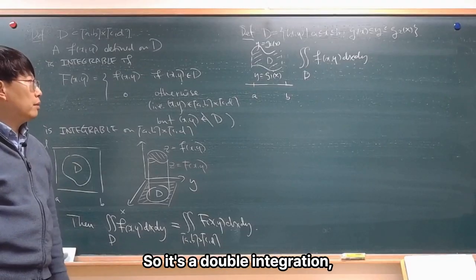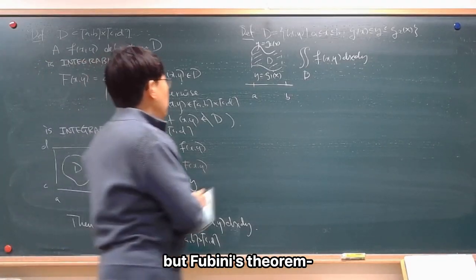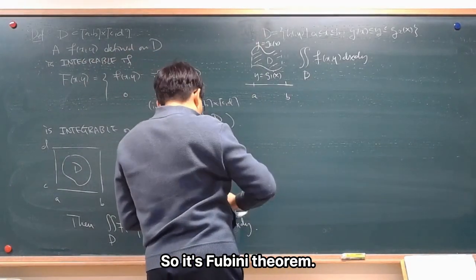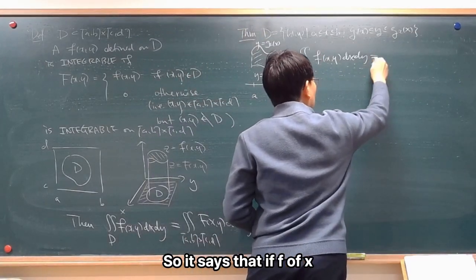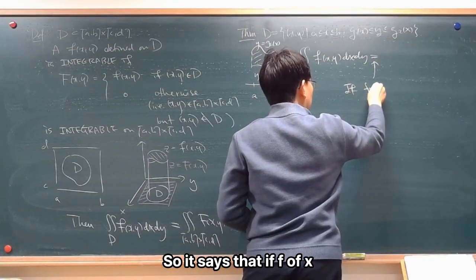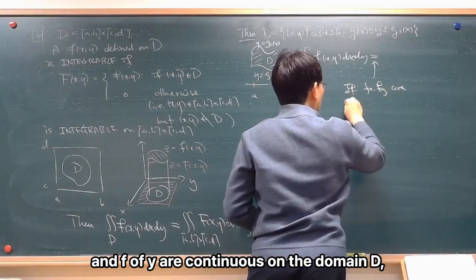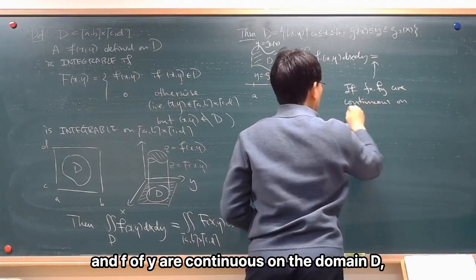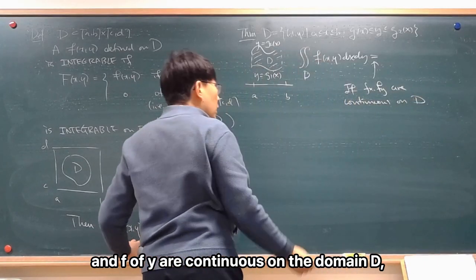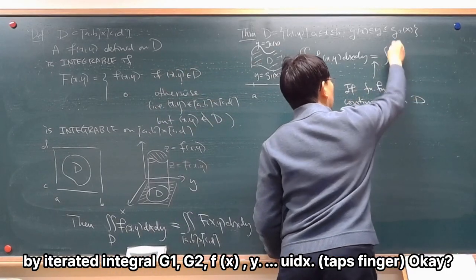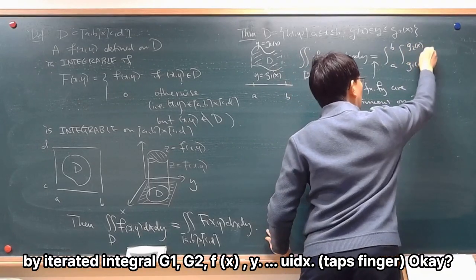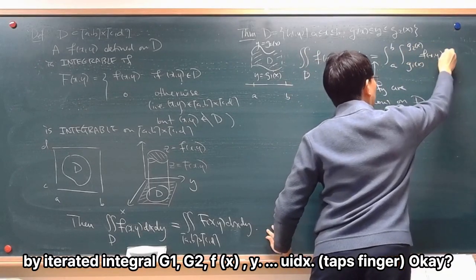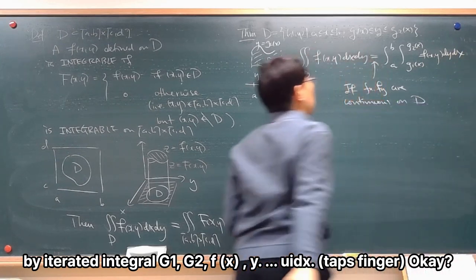So it's a double integration, but Fubini's theorem, so it's not a definition here, it's Fubini's theorem. It says that if f(x,y) is continuous on the domain D, then this can be computed by the iterated integral from g1 to g2 of f(x,y) dy dx.